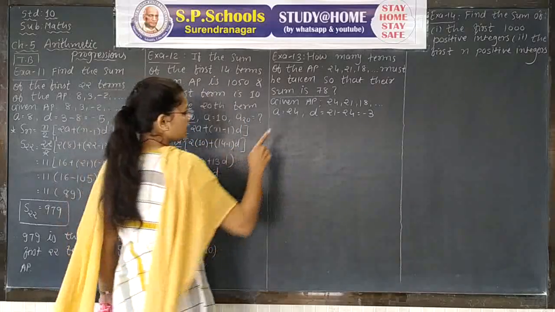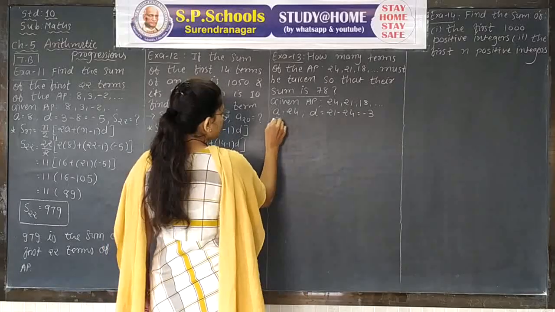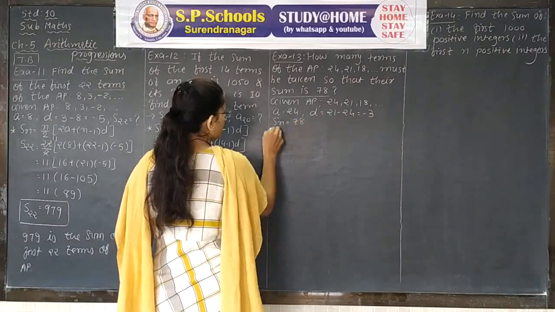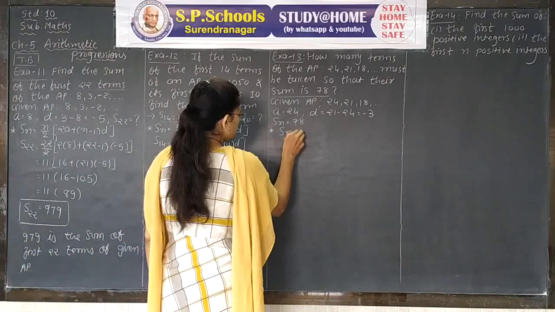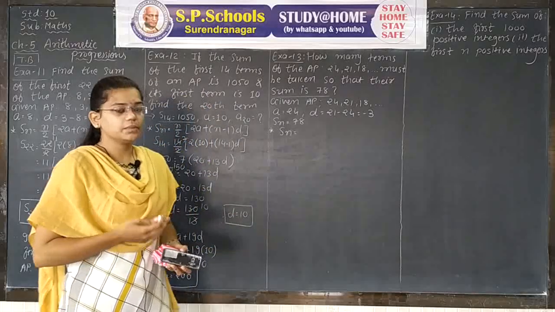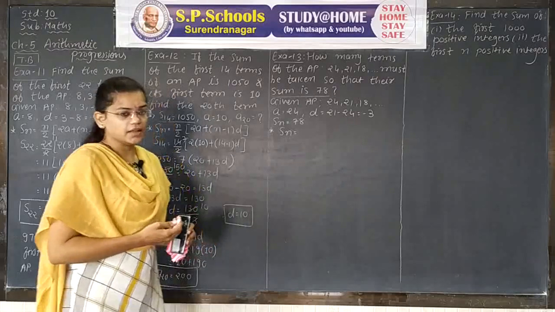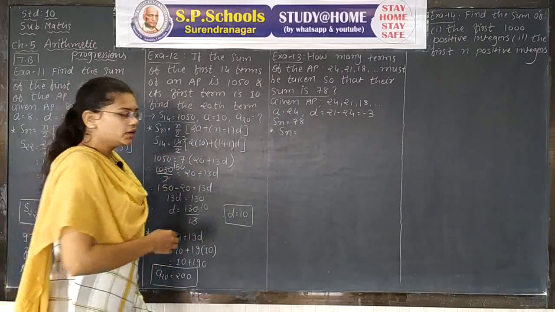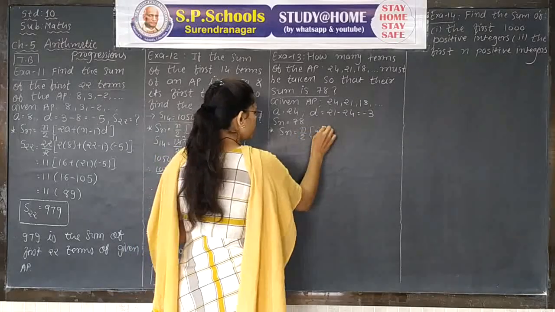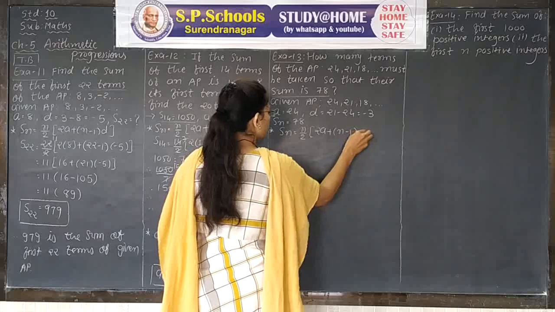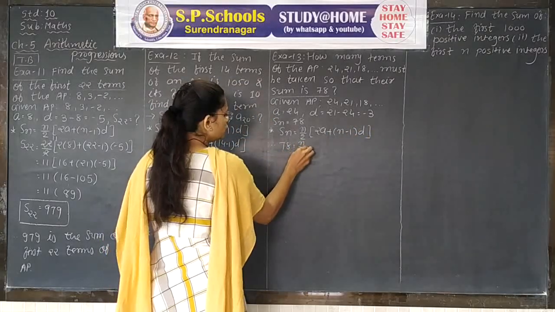One other thing is given, the sum is 78, but how many terms we don't know, that's why Sn is equal to 78. We are using the formula of Sn. Whenever you see a finite AP, use the short formula Sn is equal to n upon 2 into bracket A plus L. Otherwise, we use the long formula, n upon 2 into bracket 2A plus n minus 1 into D. Instead of Sn, 78, we don't know the value of n.